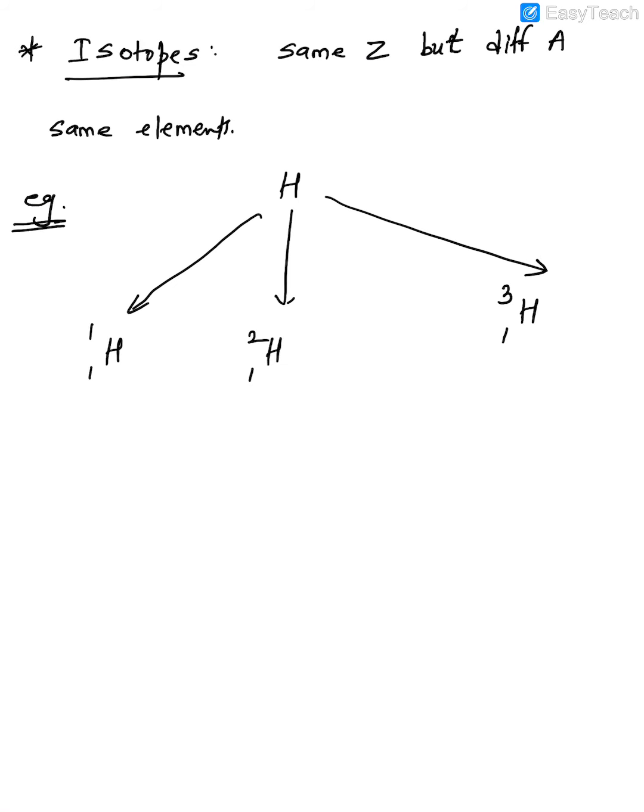In all of them you can see that the atomic number is the same, it's 1 in each, but the atomic mass keeps increasing: 1, then 2, and then 3. Because the atomic numbers are the same but the atomic masses are different, they are called isotopes. The first is called protium, the second is called deuterium, and the third is called tritium. They may ask you to write an example, and you must know these technical names also: protium, deuterium, and tritium.